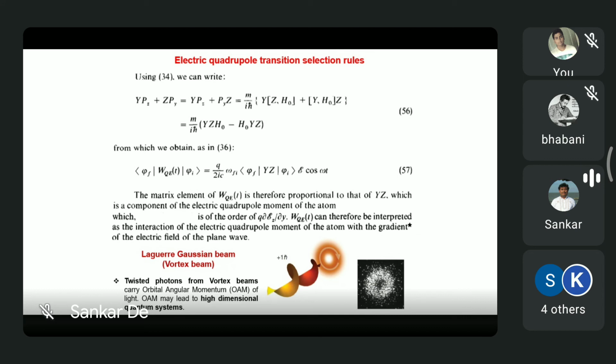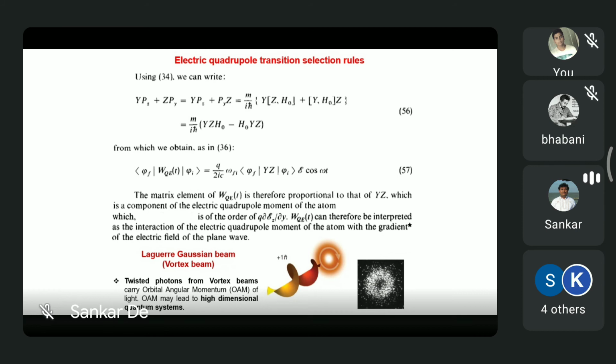If we take the matrix element of the electric quadrupole term, we finally get an expression like q by 2ic times omega Fi, the frequency between the energy levels, and the matrix element boils down to YZ between the final state and initial state, times E cos omega t.